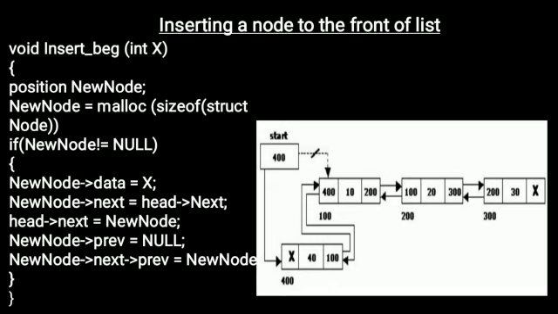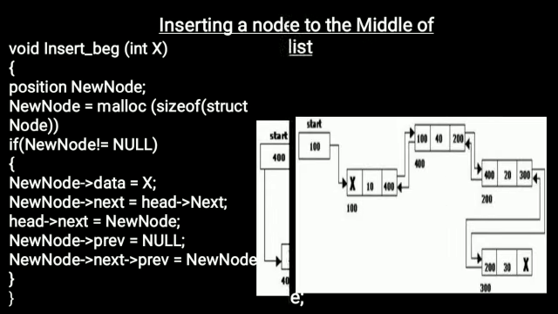Next, we set the previous link of new node as null value because it is the first node. Then we also store the new node address to the previous link of the next node of the new node. These are the 5 steps used to insert a node at the beginning of the list.